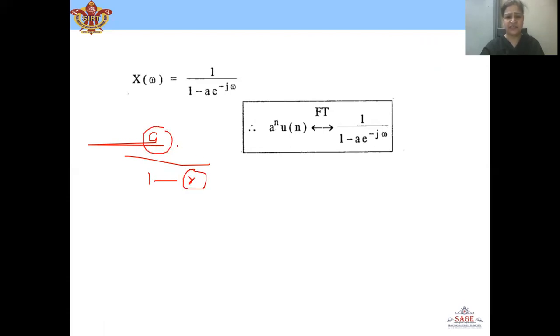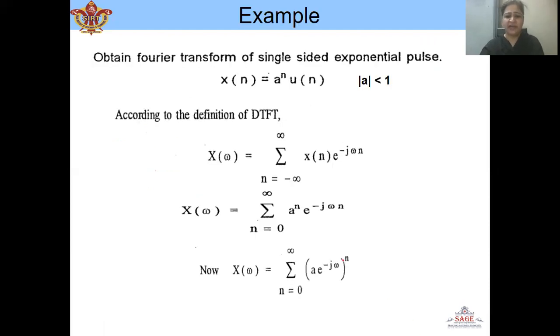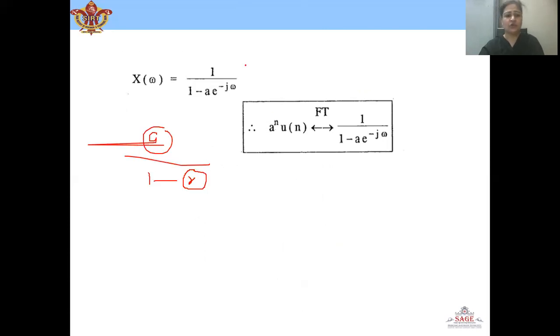The first term is obtained when I put n equal to 0, which is 1. And the common ratio is a e to the power minus j omega. So here in the formula, a is 1, and the denominator is 1 minus the common ratio, a e to the power minus j omega.